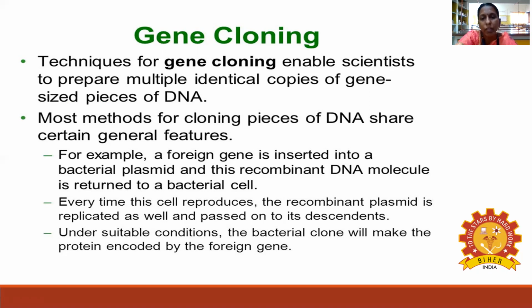So every time the cell reproduces, the foreign DNA inserted into the plasmid is called a recombinant plasmid. That recombinant plasmid undergoes replication, and it is passed on to descendants. Under suitable conditions, the bacterial clone will make the protein encoded by the foreign gene.